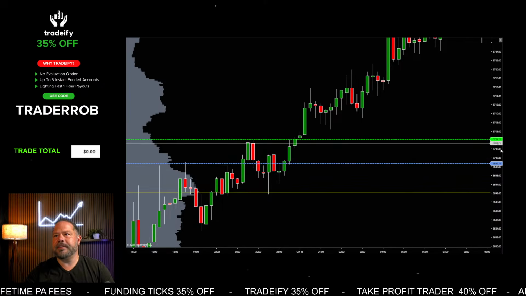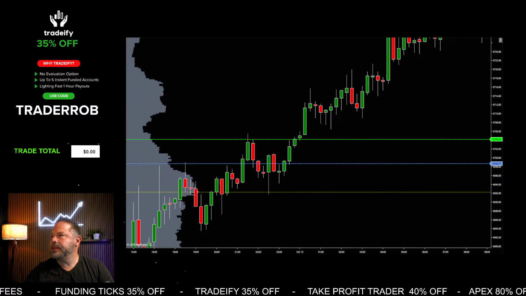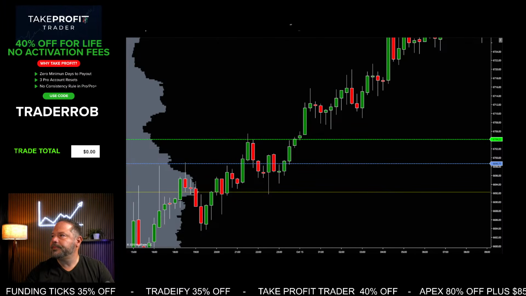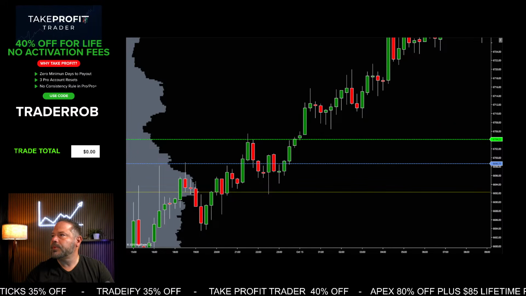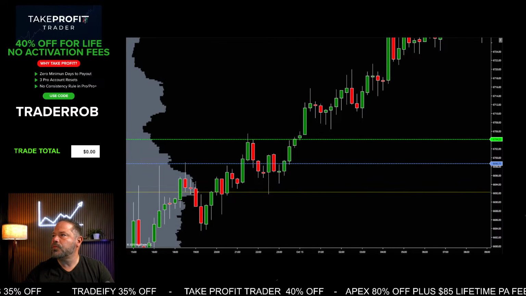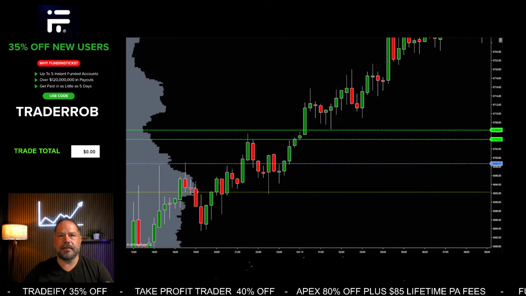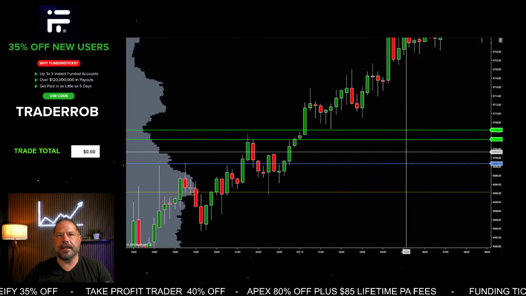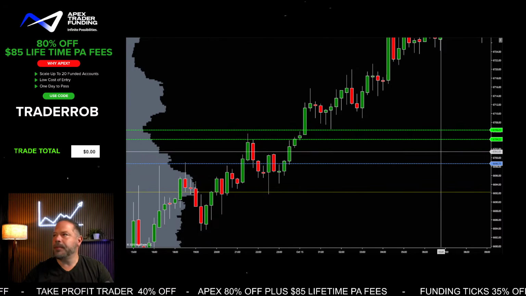So 6704 would be an area that I'd like to target. And then for a TP2, I like this a lot. All right, 6706. So I'm kind of coming up with levels here that to me seem pretty easy to obtain if price action can come back down here.